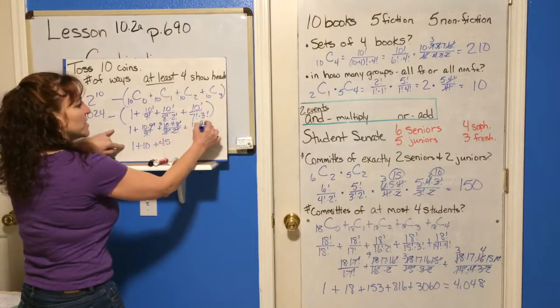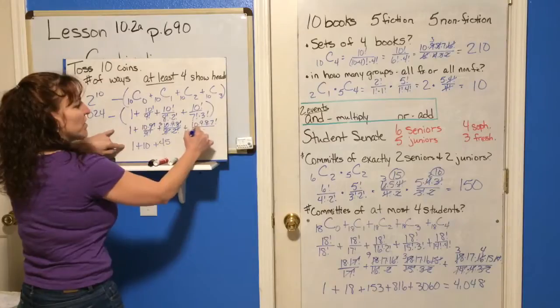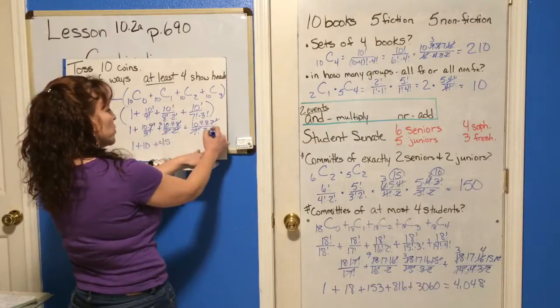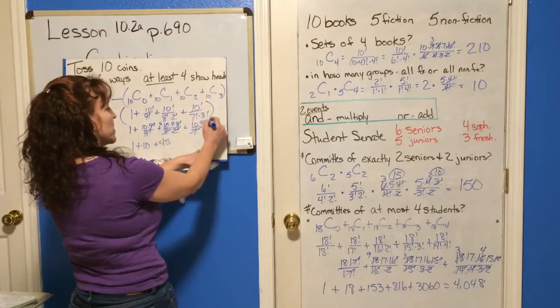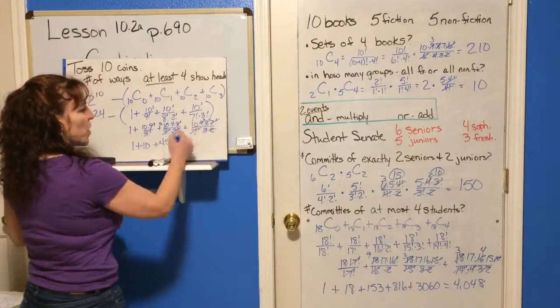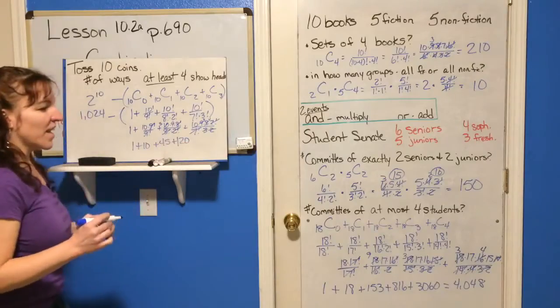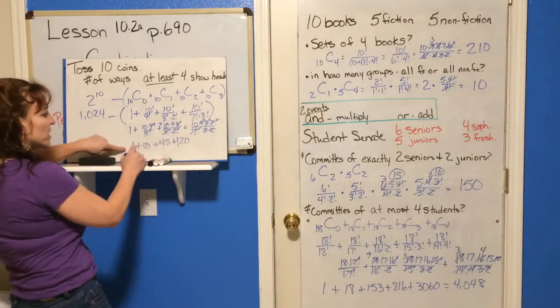Then 10 times 9 times 8 times 7 factorial, the 7 factorials cancel, over 3 times 2. Let's take 2 out of the 8 and make it 4, and 3 out of the 9 and make it 3. 3 times 4 is 12, times 10 is 120.